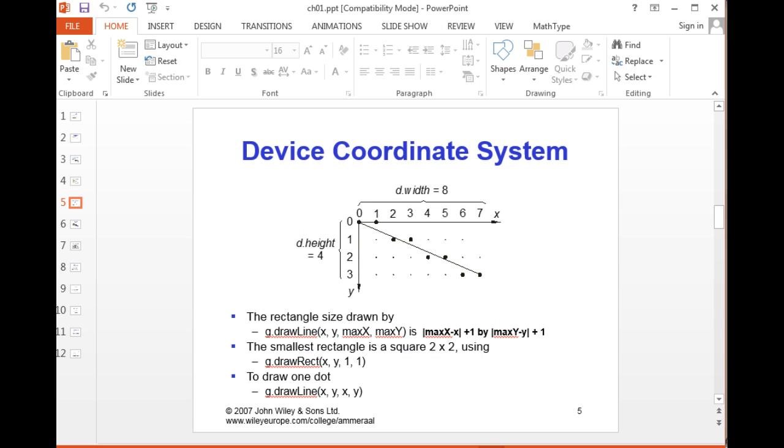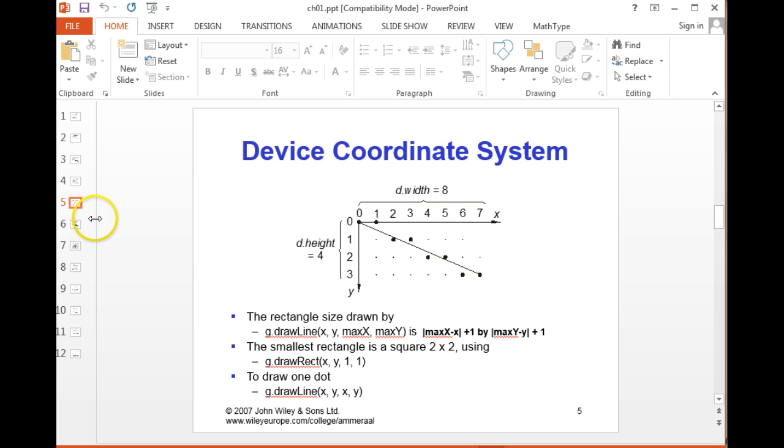Is there anything else on here? Oh, if we want to draw one line, remember again, for drawing a line, this is our starting point, this is our ending point. So the values have different meaning in drawLine. If we started x, y and ended x, y, we've just drawn a dot.